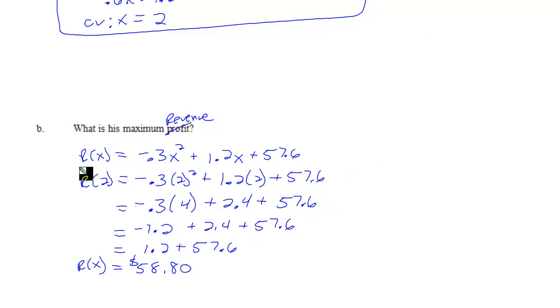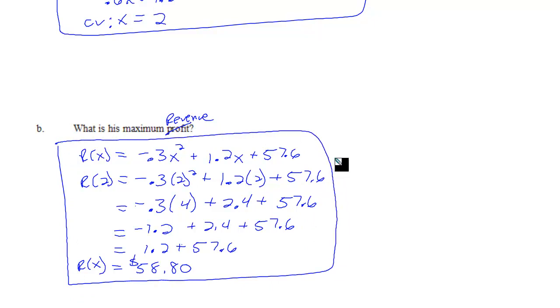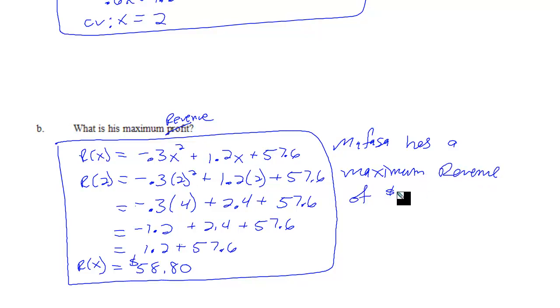So Mufasa's maximum revenue per acre is $58.80. Mufasa has a maximum revenue of $58.80 per acre.